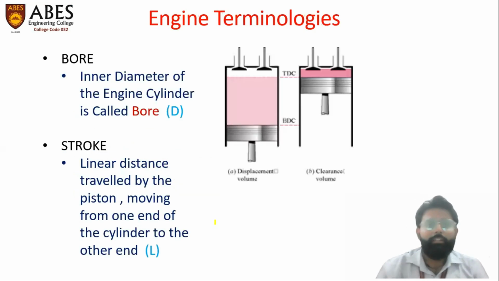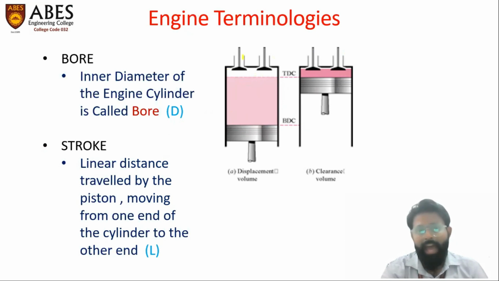So let's understand what the bore and stroke are. In our previous 2 videos, we have understood that this is the combustion chamber. In this diagram, this is a closed chamber, the combustion chamber. The black lining is the cylinder.